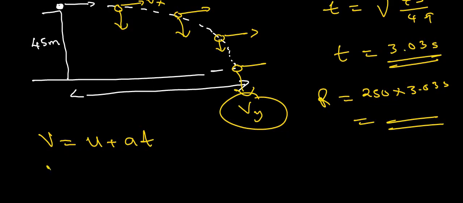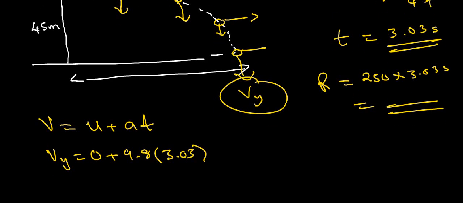Magnitude is simply the size, right? So this is 0, then we have g, 9.8, times time, which is 3.03. We're just using this equation: the final velocity is just initial plus acceleration times time. Acceleration is g. When you multiply this, what do you get?